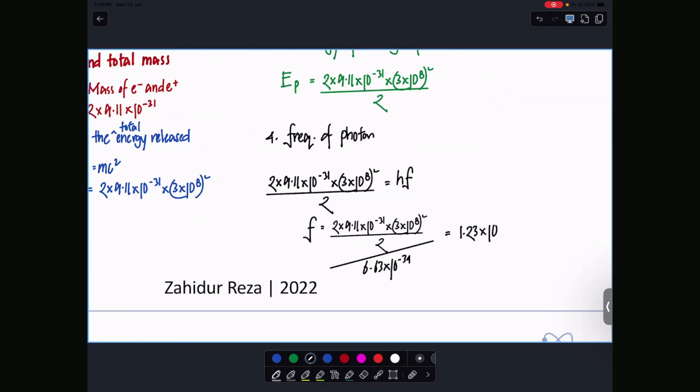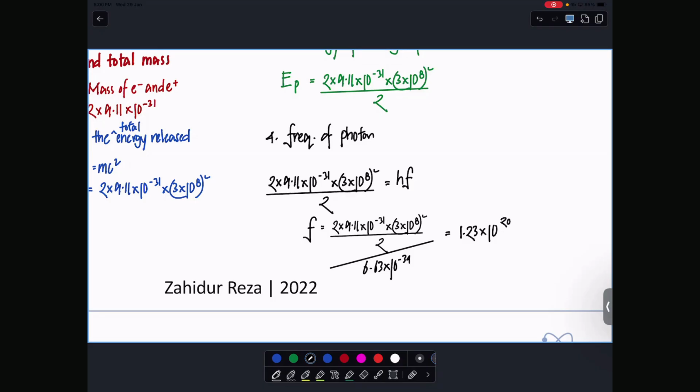10 to the power 20. 20. It could be 15, 14, normally it comes like that. 20.